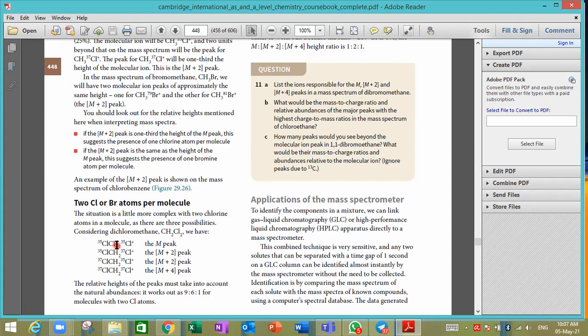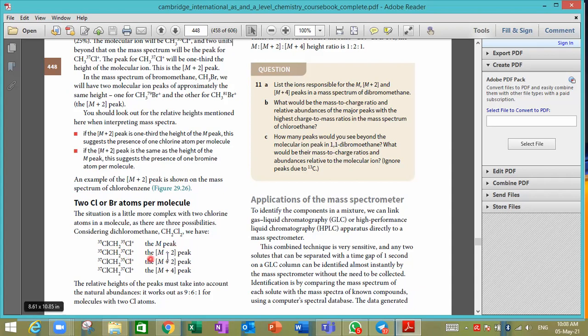Okay, so the M peak here is when both chlorine atoms are of the isotope 35. If we have this molecule, CH2Cl2, then the molecular ion peak will be observed for the molecule when both chlorine atoms are 35. So we get this M peak.